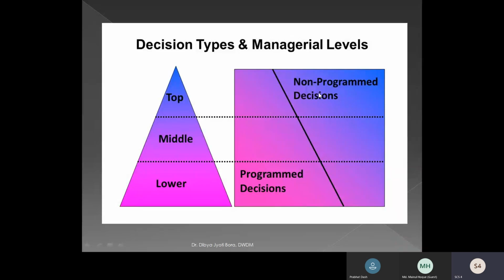You need to at least analyze the weather conditions and the particular news, at least around one week before, you have to go through them. This is the pyramid comparison between program and non-program decisions. I hope this is clear.